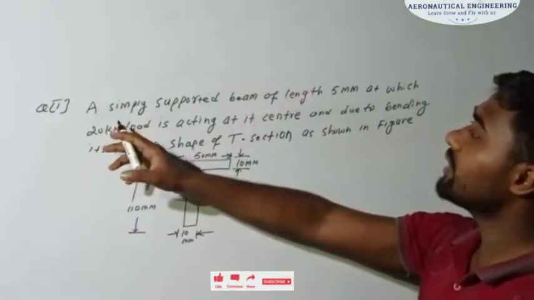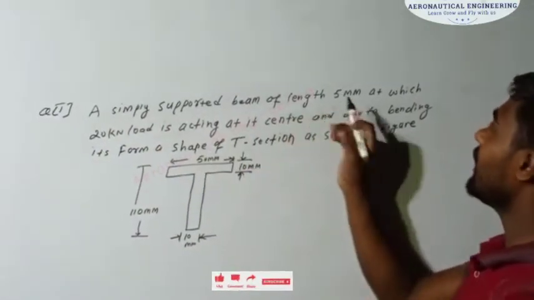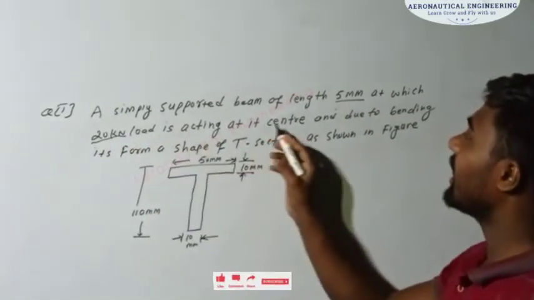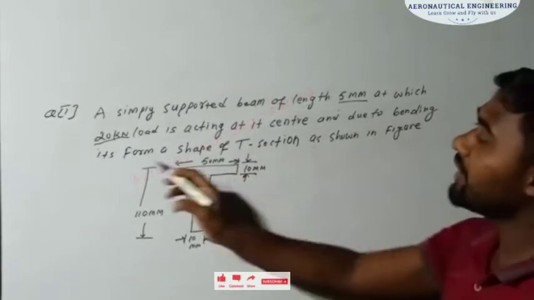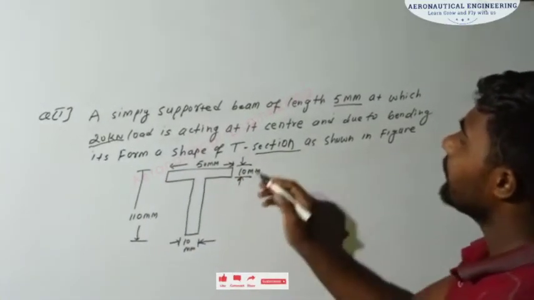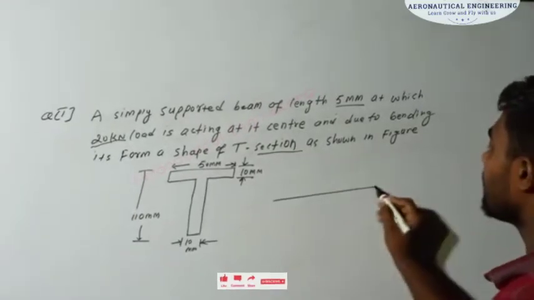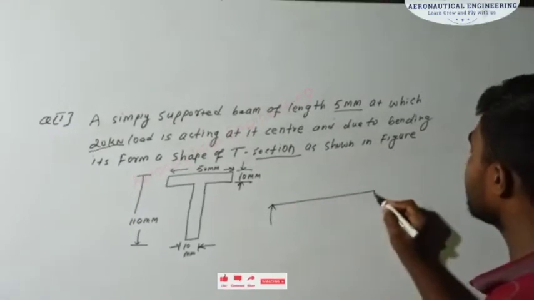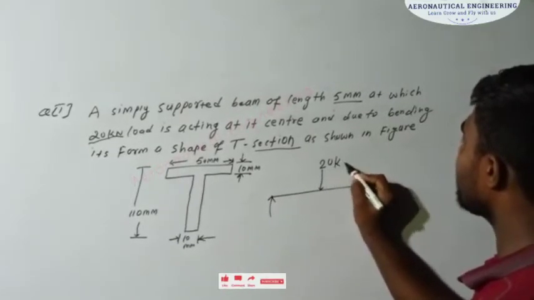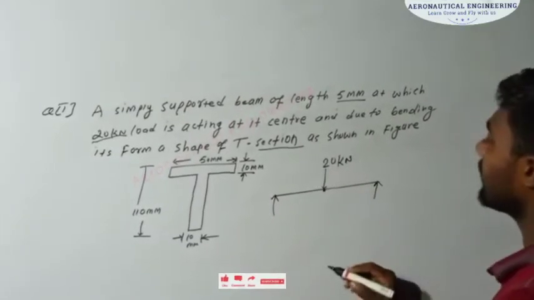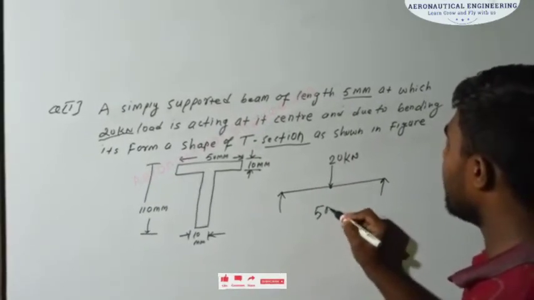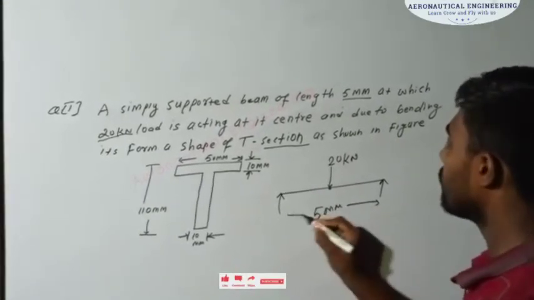The given question is a simply supported beam of length 5 m on which a 20 kN load is acting at its center, and due to bending it forms a shape of T section as shown in the figure. So this is a simply supported beam and the 20 kN load is acting at its center point, and the total length of the beam is 5 m.